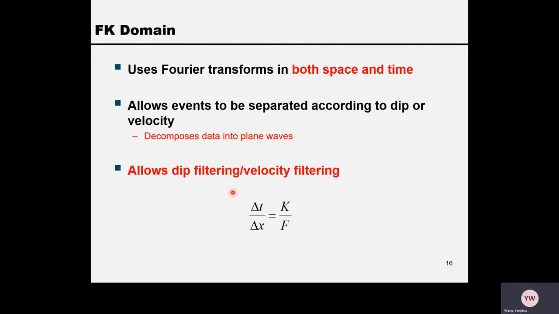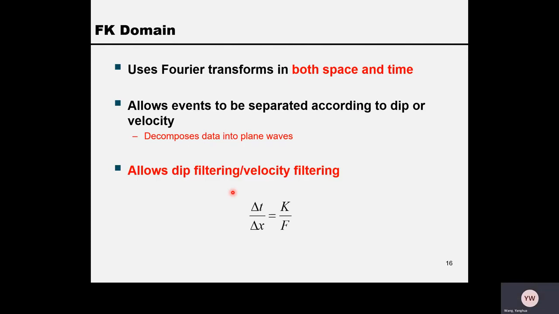If we ignore the trace interval and simply say how many milliseconds of time delay per trace, effectively you assume delta X equal to 1, right?